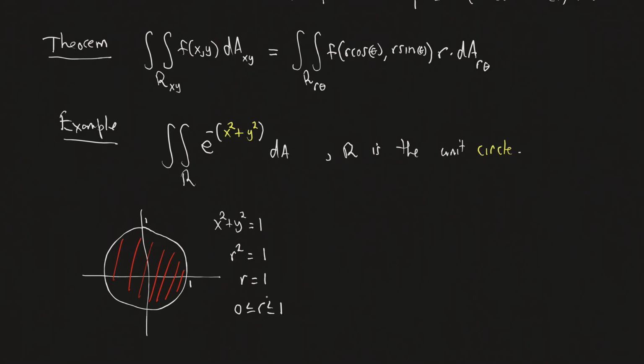Now we have to think about our theta. Well, this again is standard trig. If you think about how we trace out the entire unit circle, we don't want to keep tracing out the same thing over and over. So we're looking for the smallest range of theta that will trace out the entire boundary exactly once. To get one full revolution, our theta has to go from 0 to 2 pi.